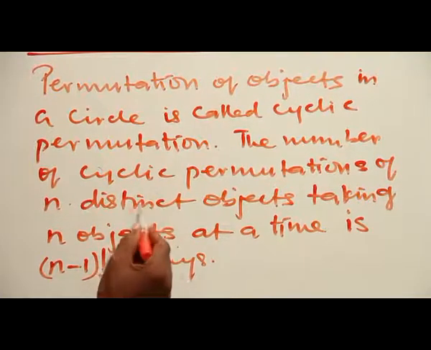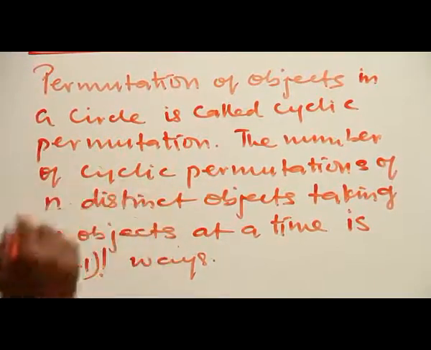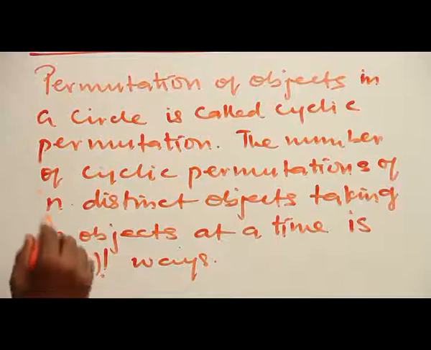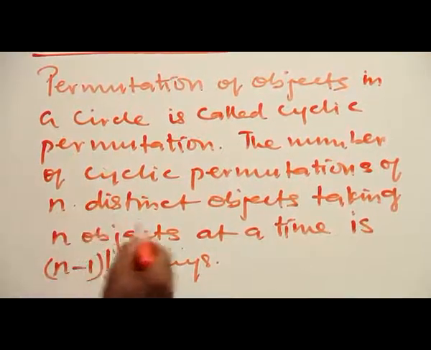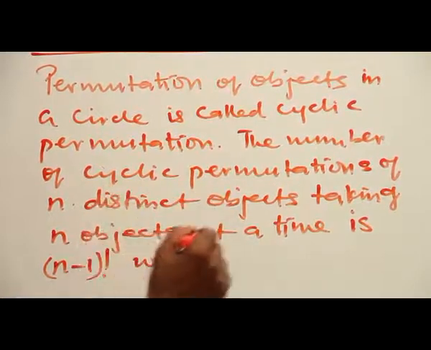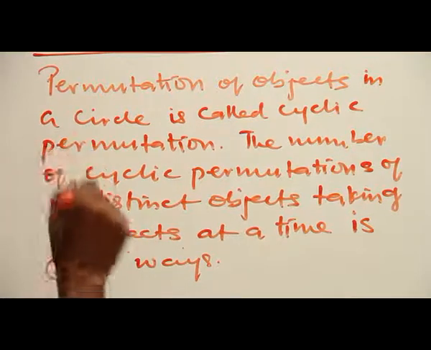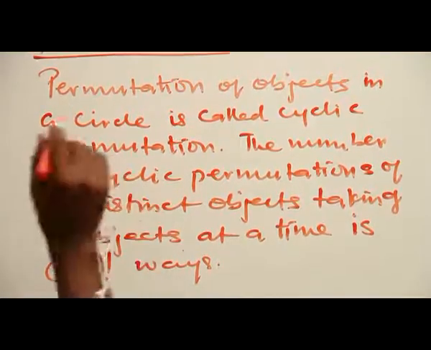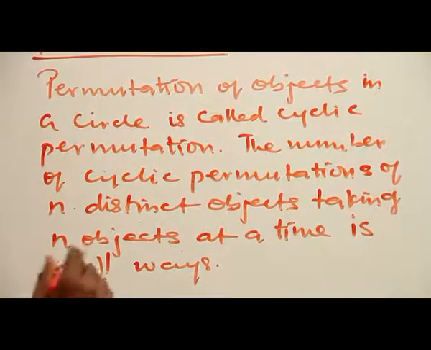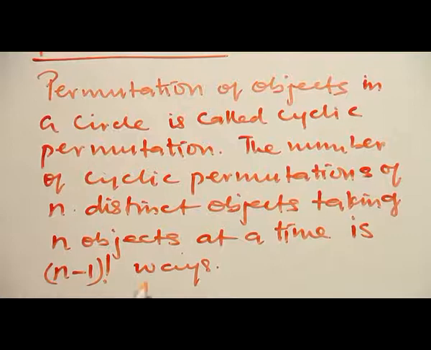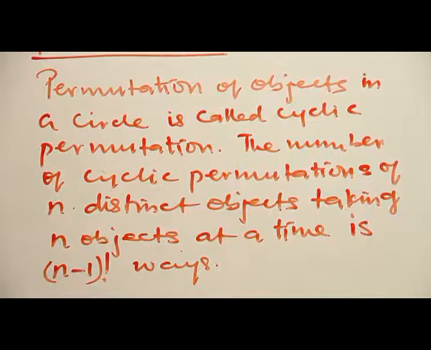What we mean by this is that in a circular form, like a circular conference table, if you have to find out the number of ways of arranging committee members who want to use the table for a meeting, one of the seats will be fixed and the other people will be arranged around that seat. Usually maybe the chairman's seat is already fixed. The others can take any of the seats that are available.